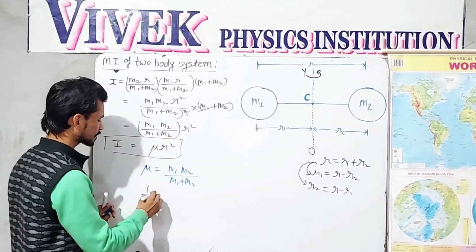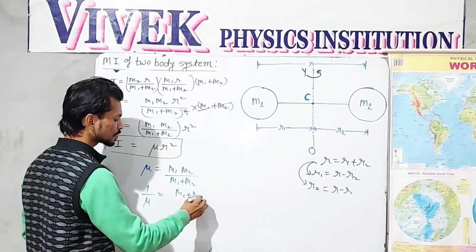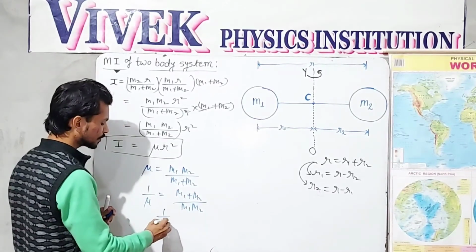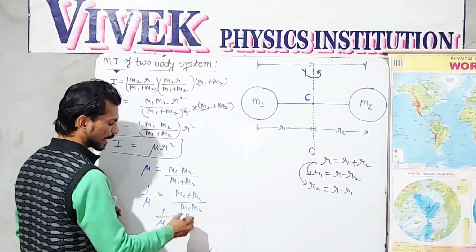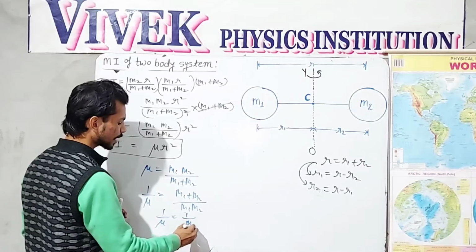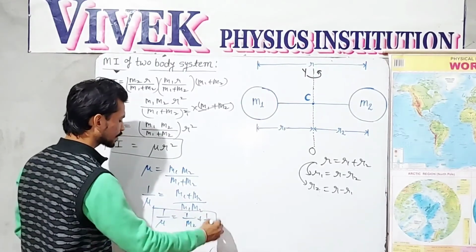Again, this can be written as 1 over mu equals M1 plus M2 divided by M1 M2, or 1 over mu equals M1 divided by M1 M2 plus M2 divided by M1 M2. So this will become 1 over M2 and this will become 1 over M1. So this is the formula for reduced mass.